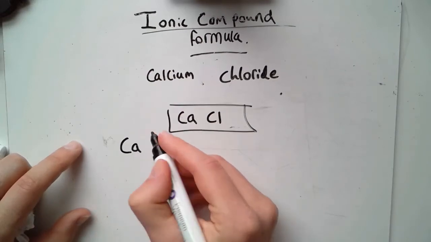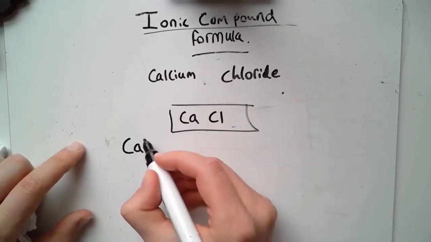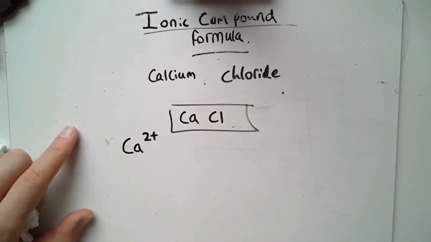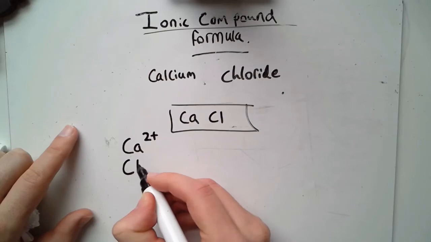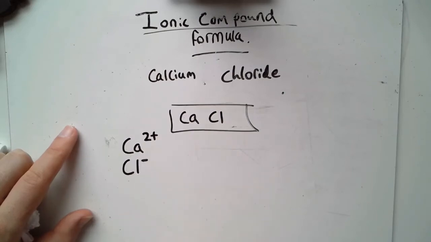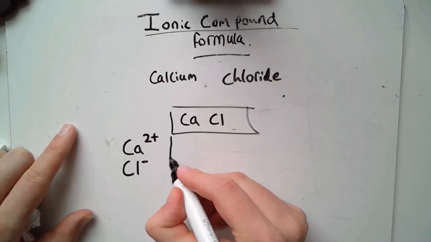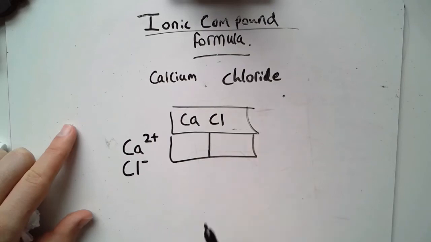So calcium is in group 2, so I know it's going to be a 2+ ion using my periodic table. Chlorine's in group 7. I know the charge on a chloride ion is 1- because it's in group 7. What I'm then going to do is draw a box underneath, divide it in half.